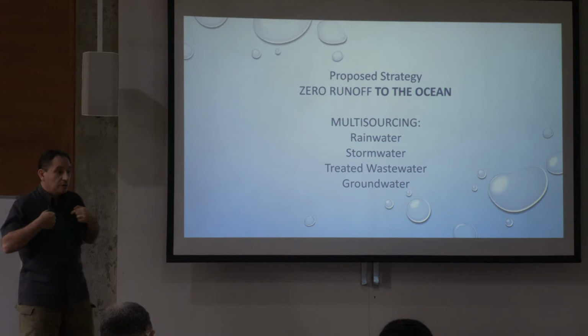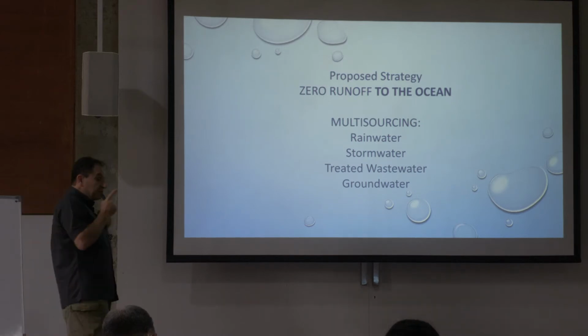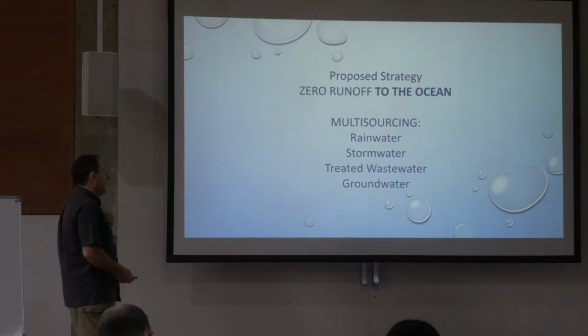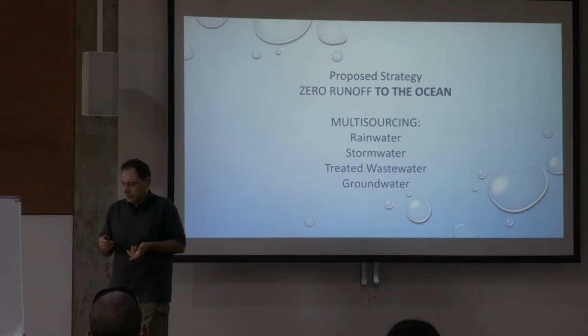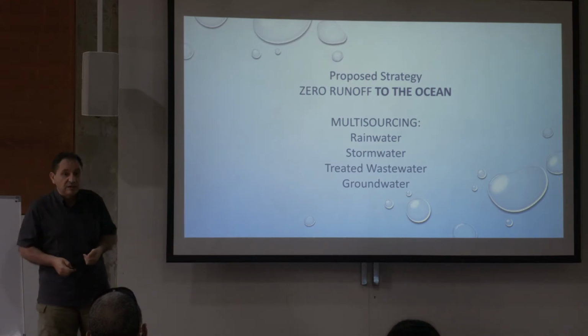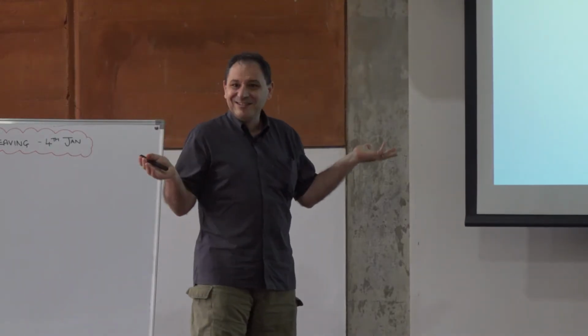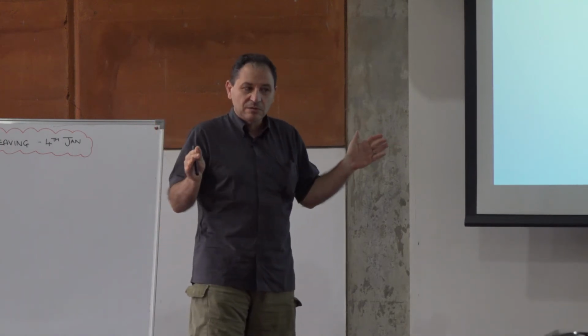We can decide where it goes if we plan for it. Otherwise, it will go to the ocean. And then, of course, treated wastewater and groundwater. This is the integration of sources. Are we ready for this challenge? If not, then it's only a matter of time, and then we have to pack and go. Matter over.